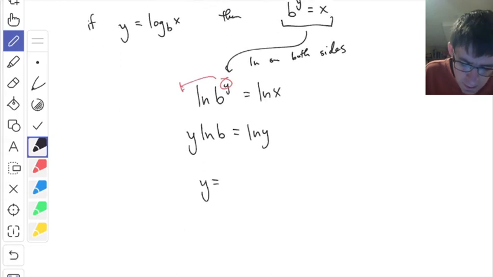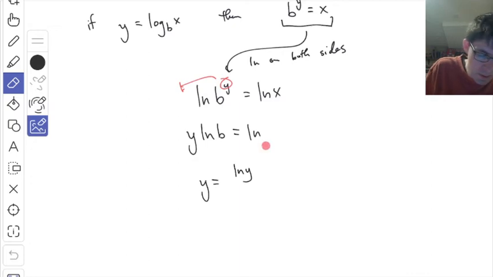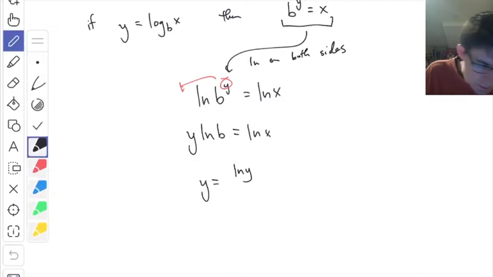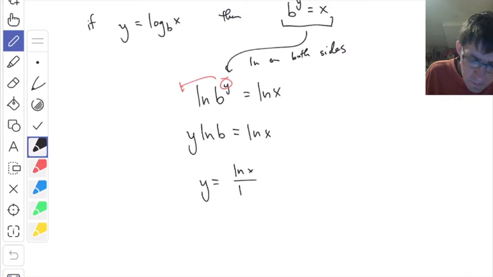It says y equals ln x divided by ln b. Sorry, I changed the x into a y. This is an x over here. But remember, I started with y is log base b of x.